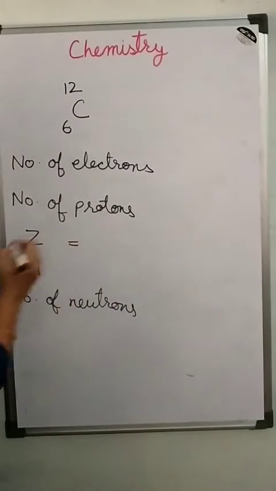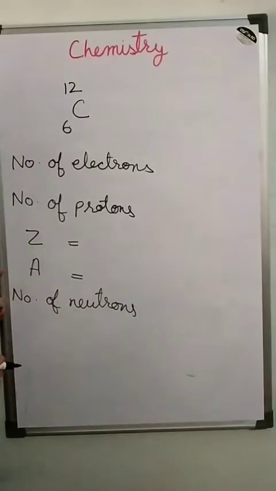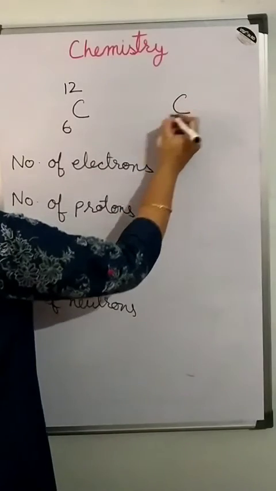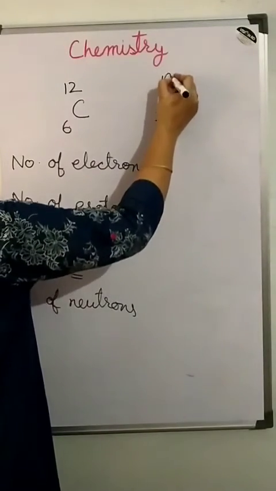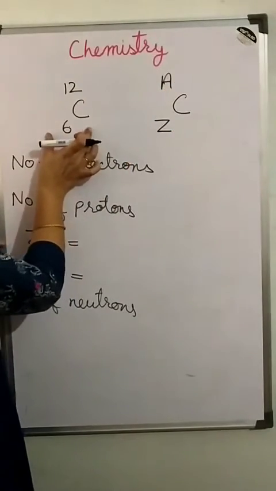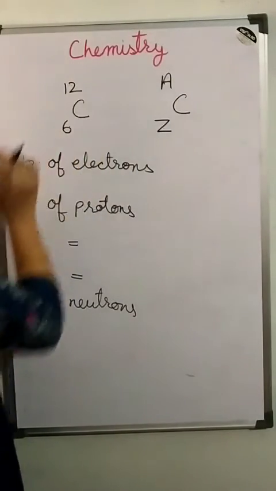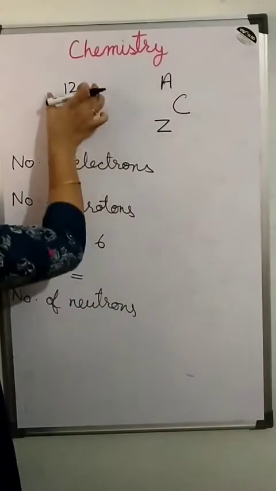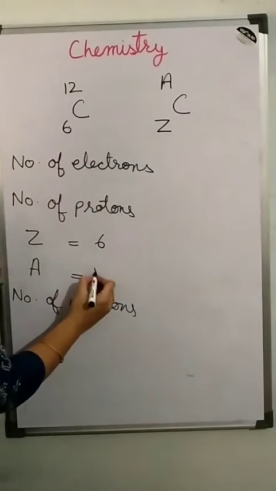Z is atomic number, A is atomic mass. We represent it like this: atomic number is located here and atomic mass is represented here. So it means Z is equivalent to 6 and atomic mass is equivalent to 12.